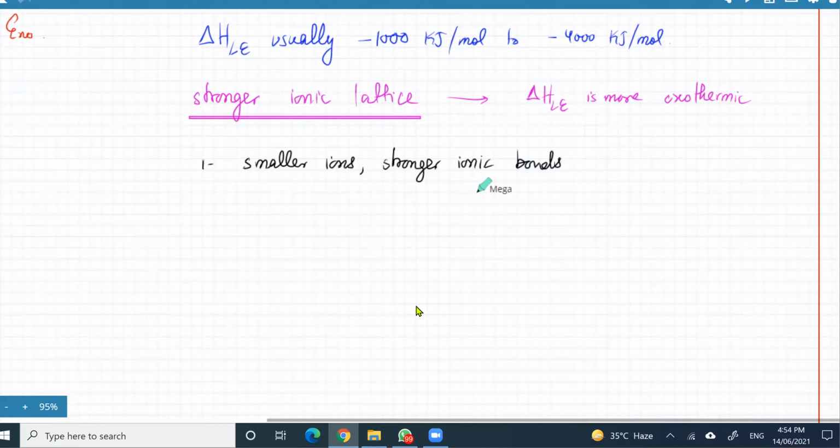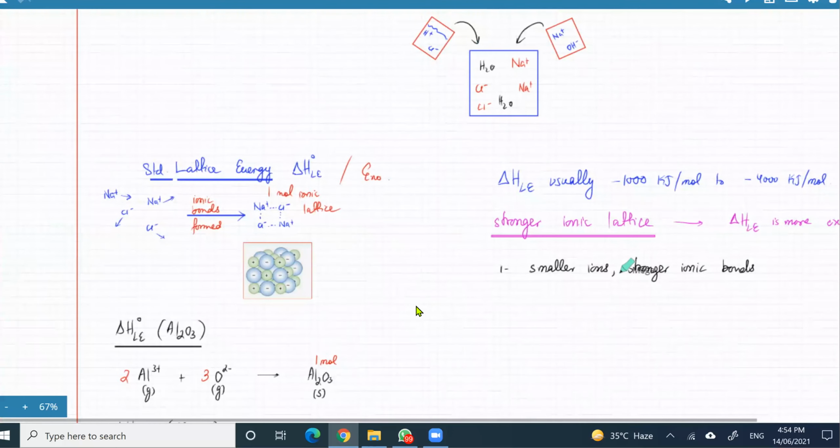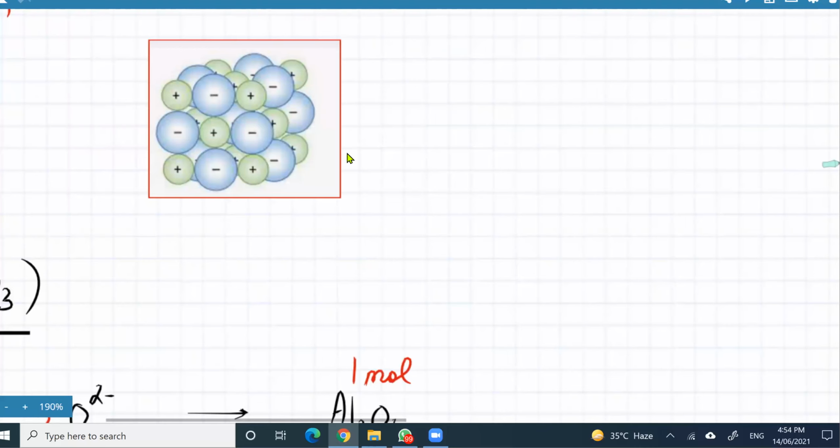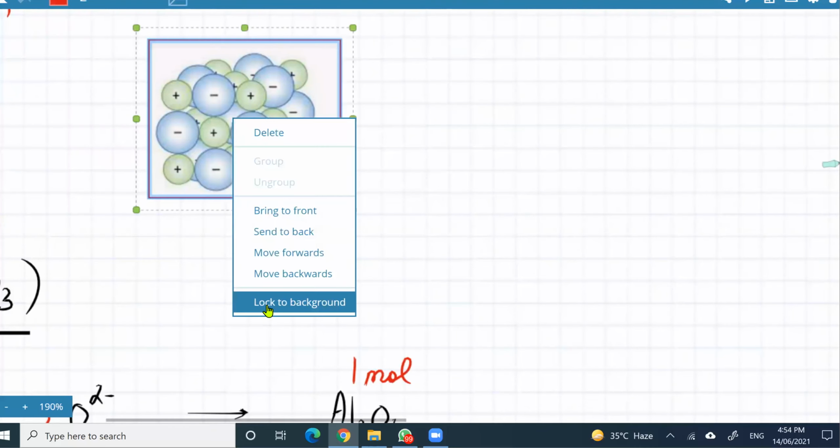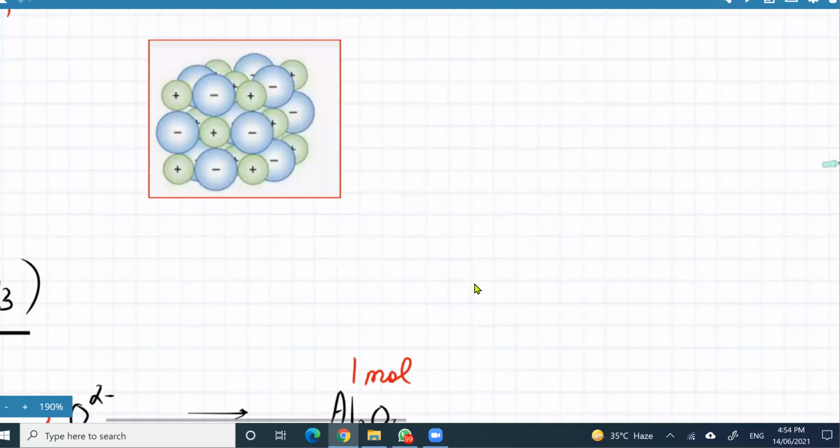Any other factor? Look at the ionic lattice. What other factor would determine whether the lattice is strong or weak? How many electrons are being transferred? The other one would be the charge.